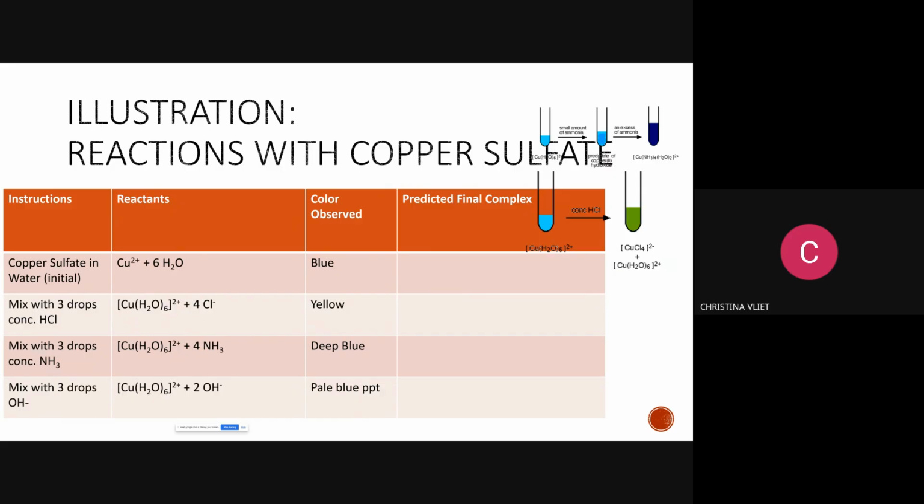So let's take a look at this one. Copper sulfate in water is initially blue. Predicted final complex is this. So now the question is, if I put concentrated hydrochloric acid in here, and yes, I will be providing you with pretty concentrated hydrochloric acid on Thursday. What does that mean?